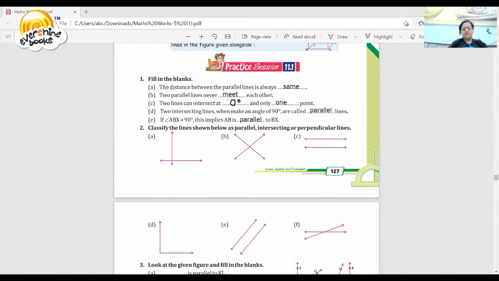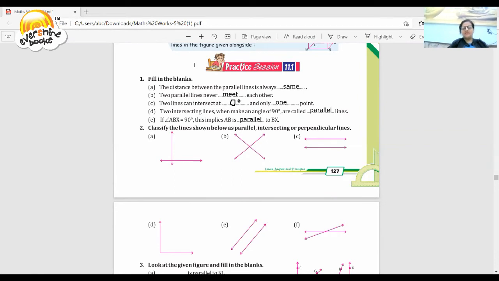Two parallel lines never meet each other. Two lines can intersect at only one point. Two intersecting lines that make an angle of 90 degrees are called perpendicular lines. If the angle is 90 degrees, it implies that AB is perpendicular to BX.